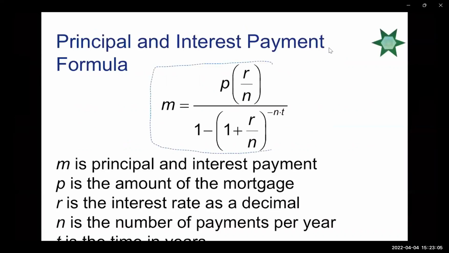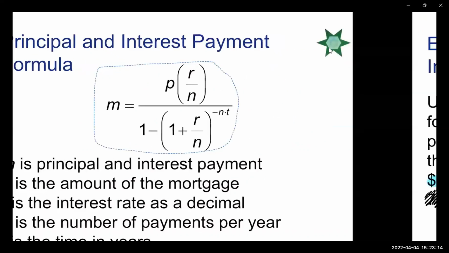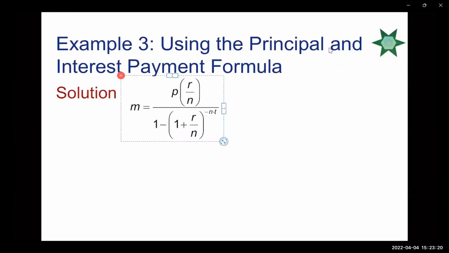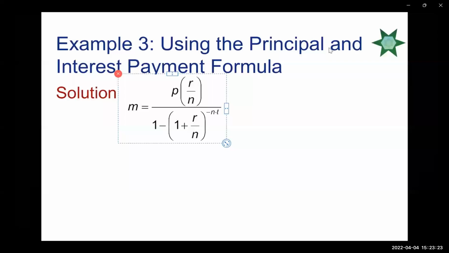So I'm going to copy and paste this formula. All right, so the P stands for how much the mortgage is.